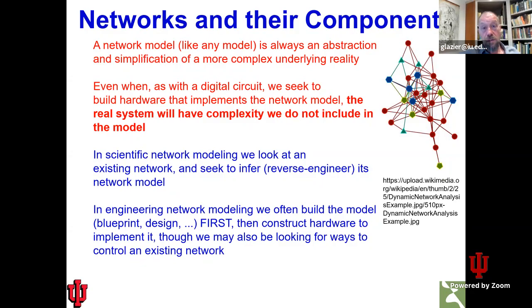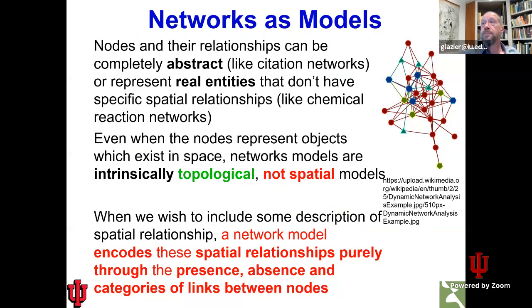So in science, we start out with a real world physical object that we're trying to infer what the network is. In engineering, typically, we have the network and we want to understand how to build it. Networks can represent real world things, like the transistors in your computer. They can also represent things that are very abstract, like the network of citations between journal articles.